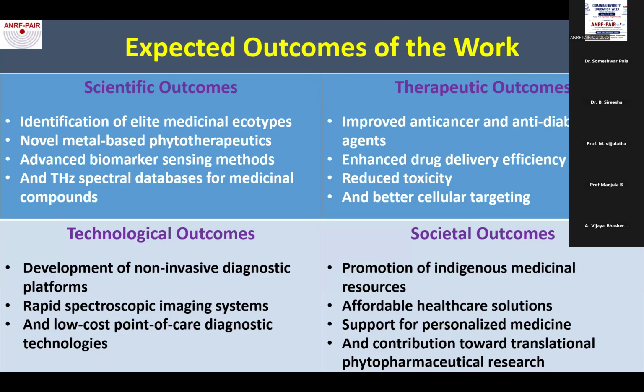Our research work is expected to produce several impactful outcomes, and we basically classified them into 4 types: scientific outcomes, therapeutic outcomes, technological outcomes, and societal outcomes.